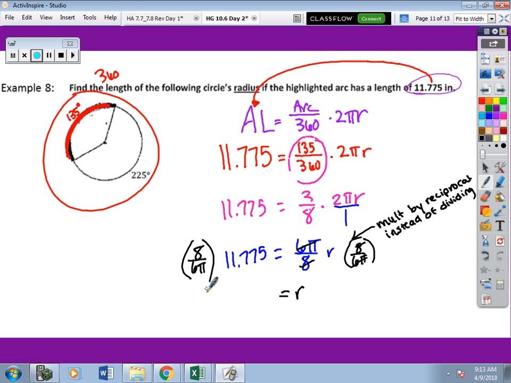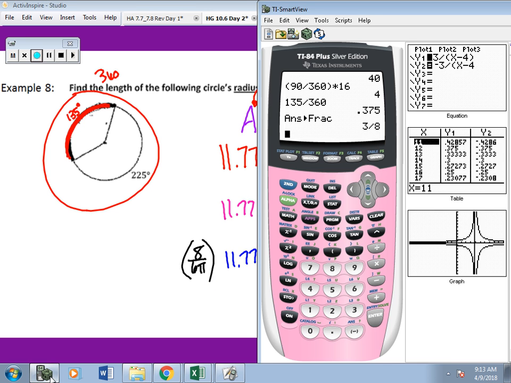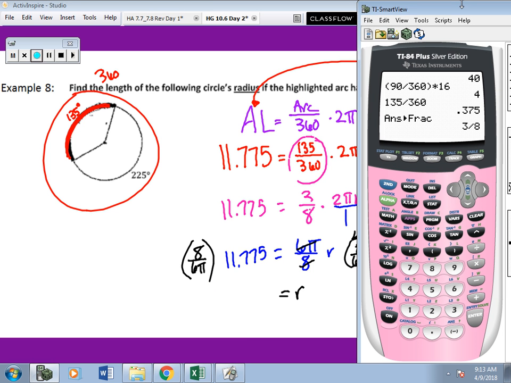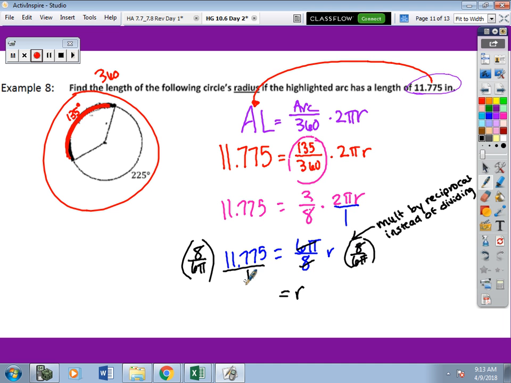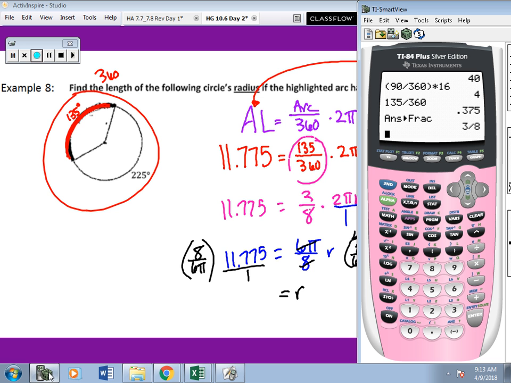Then we can use our calculator to do this for us. Again, if you don't have a pi key, you'll just use 3.14. And it's up to you whether you want to multiply these together and then divide by 6 pi. Or personally, if I'm going to reach for my calculator anyways, I would just do, in parentheses, 8 divided by 6 pi. And I should probably put those in parentheses.